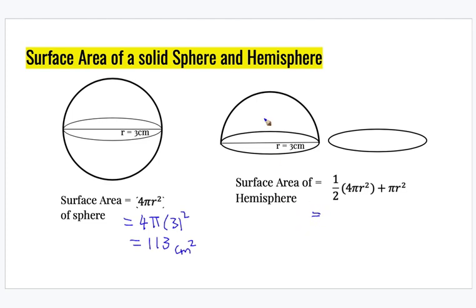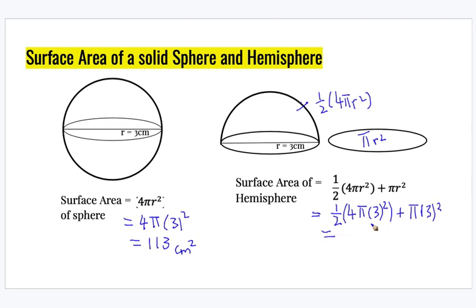If we have a hemisphere, then we have to consider the base, pi r squared. So this one is half of 4 pi r squared, right, so half of 4 pi r squared plus the base pi r squared.